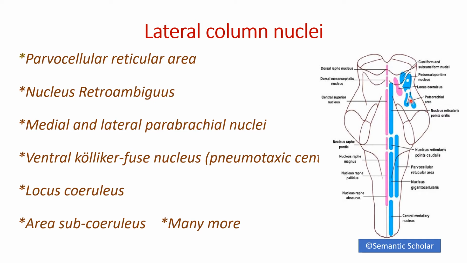Then we have the ventral respiratory group and the parabrachial nuclei, what we call the pneumotaxic center, which plays a role in respiratory control. Then we have the locus coeruleus and the area subcoeruleus, and many more nuclei are involved in this. The lateral group are the smaller group of neurons.